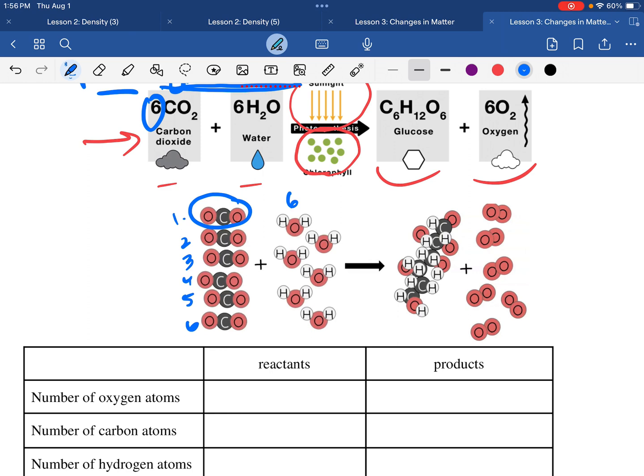And those are smaller molecules, and then with the power of sunlight, the photo power, they're synthesized into this big, awesome molecule called glucose, which is the sugar that plants produce. And all of us animals eat plants to get that glucose. And then oxygen is given off as a waste product.